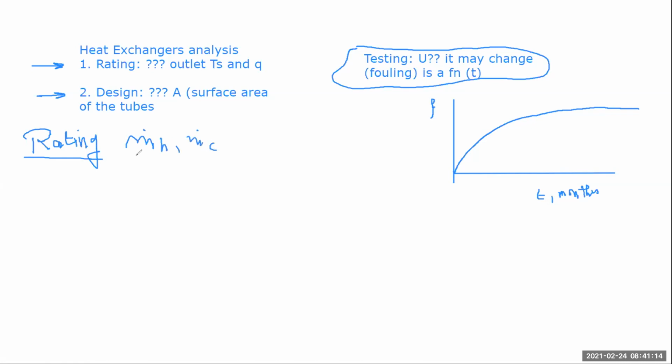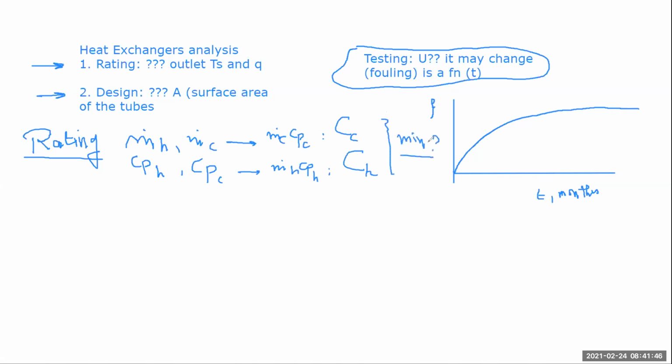And since we know the fluids, the specific heat is known as well. m dot cold times Cp cold, we call it the capacity rate cold. And then m dot hot and Cp hot multiplied by each other is nothing but C hot. What we do here is we try to look for the minimum value. What is the minimum value in between C hot and C cold?